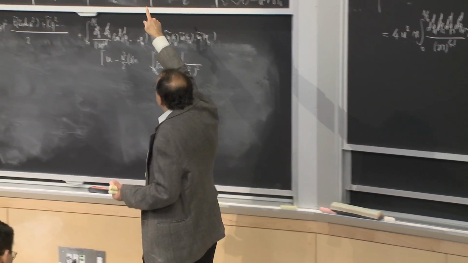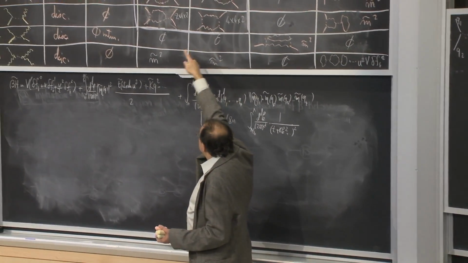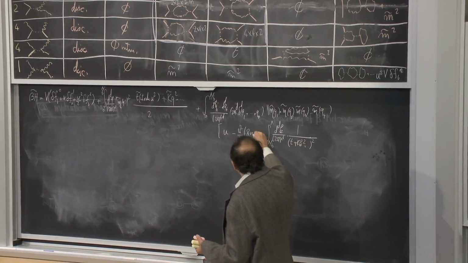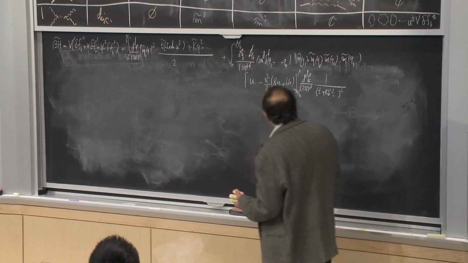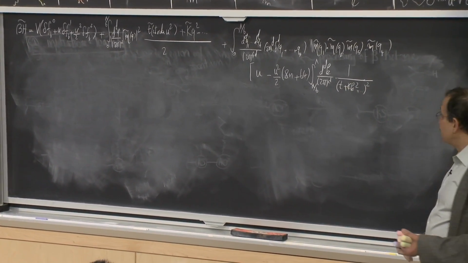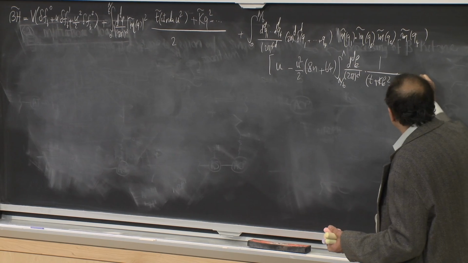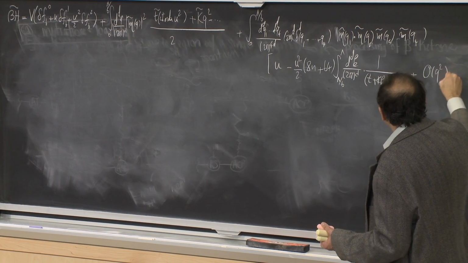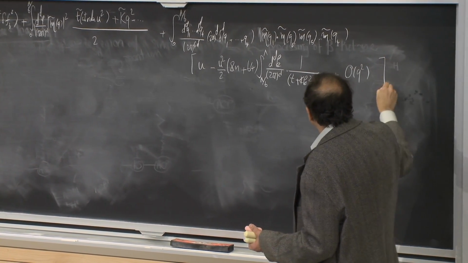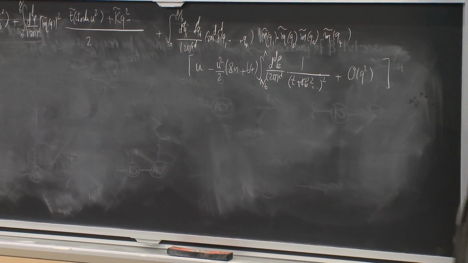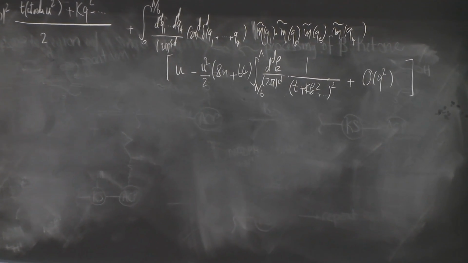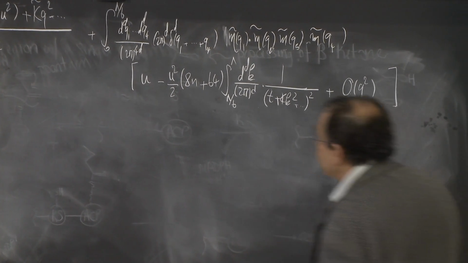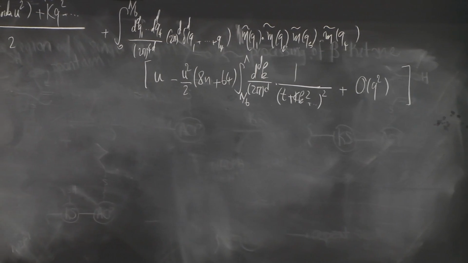I will get 16, 16, 32, adding up together to a factor of 64 here. And then the point is that I will generate additional terms that are, let's say, order of q squared and so forth, which are the kinds of terms that I had not included.